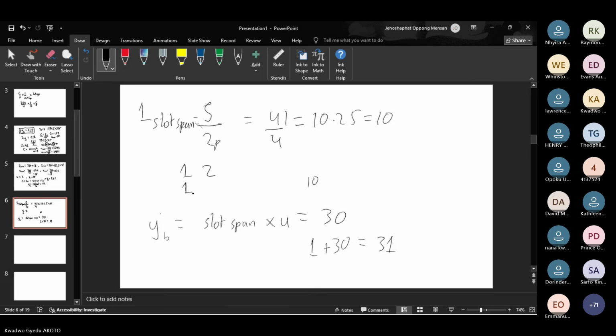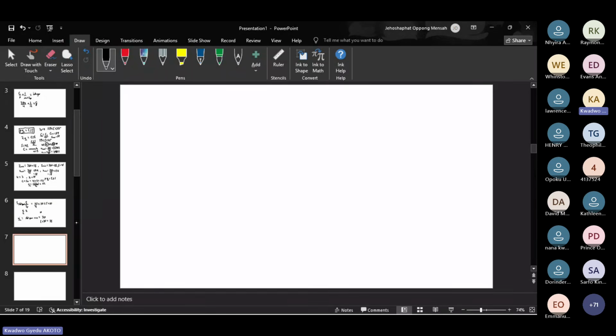The last part of the question says, show by diagram how the conductors are arranged in a slot and use it to determine the number of turns in a coil. We know we have 18 conductors per slot, and we have U to be 3. So for 18 conductors per slot, we have a 2-layer slot.